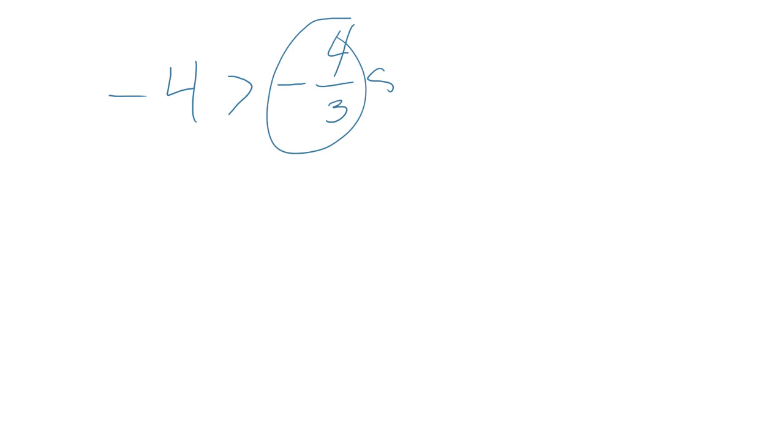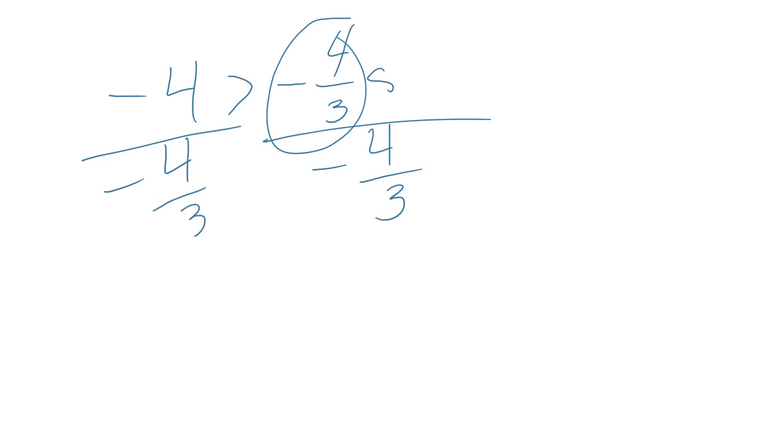Remember, when I divide a fraction, you just keep, change, flip. We've done this. So that's gonna cancel out. So if we had negative 4 divided by 4/3, that's gonna be the same as negative 4 over 1 times 3 over 4.